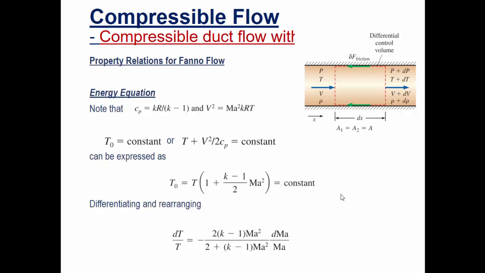And look into the energy equation. Previously we have developed the specific heat in relation to the specific heat ratio, and we also developed the term of V squared from the velocity in relation to the Mach number and the speed of sound.